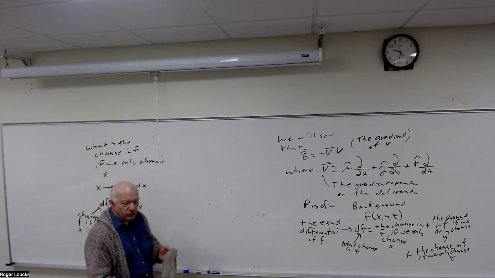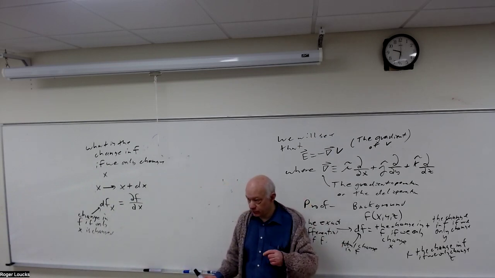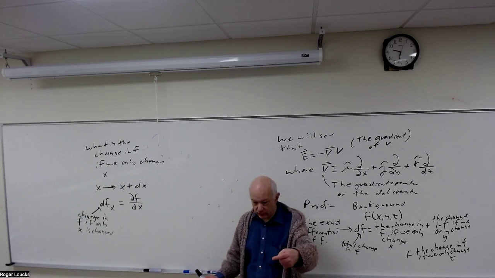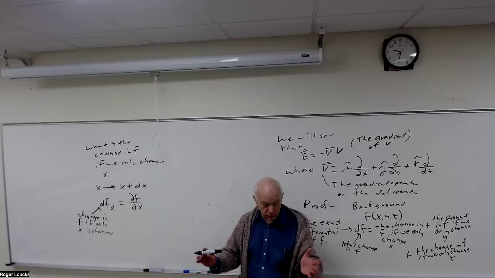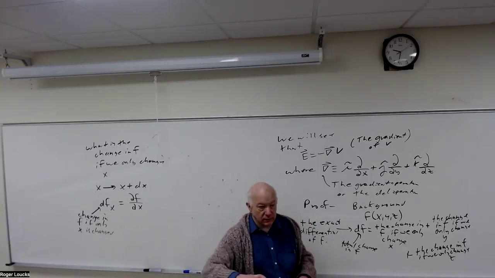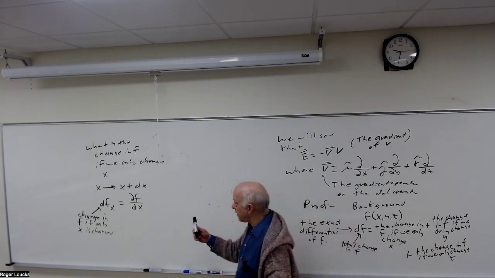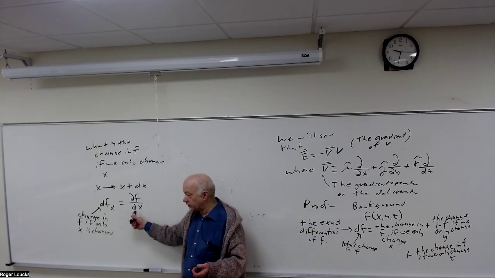Now tell me just in terms of words what that means. So what are you going to do with the y and the z and all the other variables? Treat them as a constant. So again, if you're to explain to a little kid in kindergarten what a derivative is, you say, oh, a derivative is how much something changes with respect to something else.